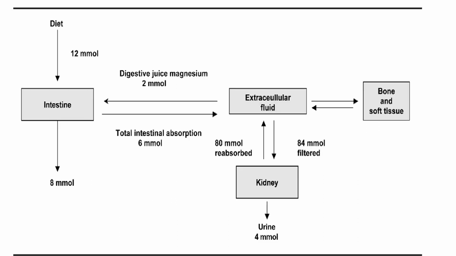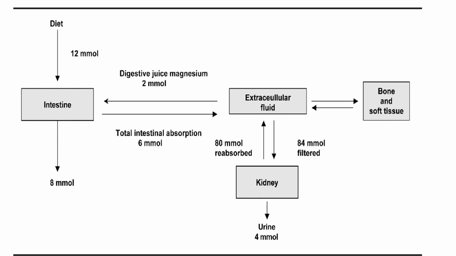Now this picture shows you the balance between the intake and the output. You can see here our daily requirement is 12 millimoles per day. Out of this 12 millimoles, 6 millimoles are absorbed from the GIT, and 8 millimoles are excreted via feces.